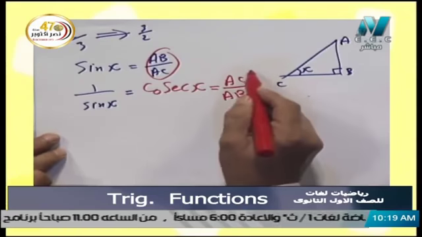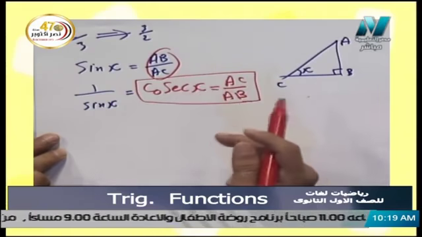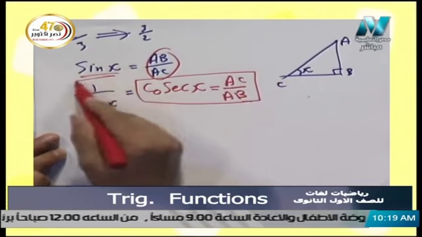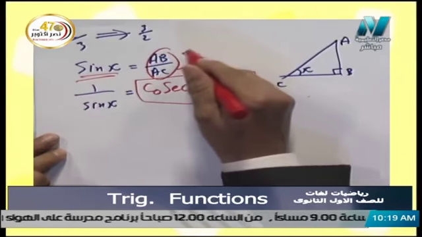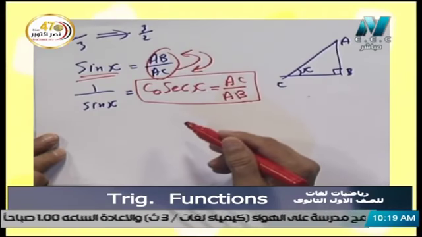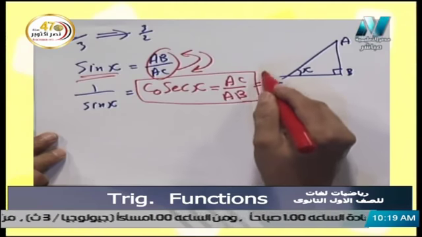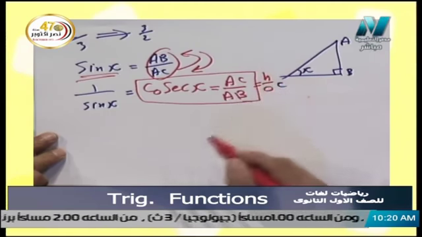The numerator becomes the denominator and vice versa. So it equals AC over AB, which is hypotenuse over opposite.